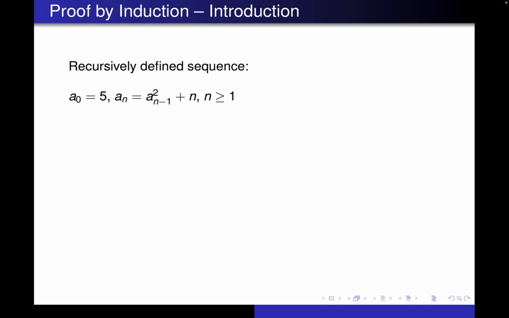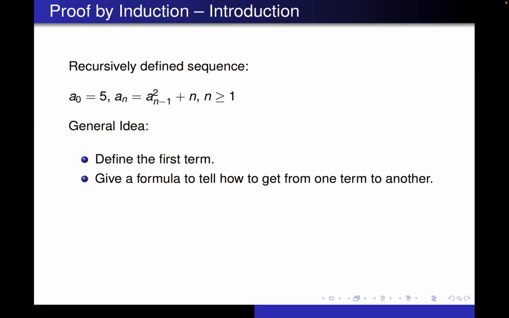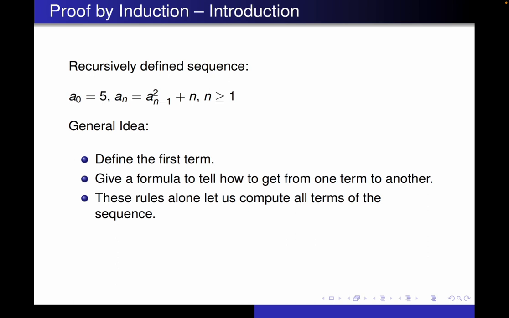And that formula would work for n greater than or equal to 1. We saw how the general idea behind defining sequences this way is we define the first term, we give a formula to tell how to get from one term to the next, and those rules alone, without actually saying what any of the other terms were explicitly, allow us to compute all the terms of the sequence uniquely.